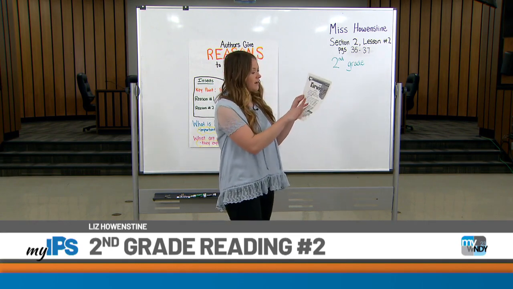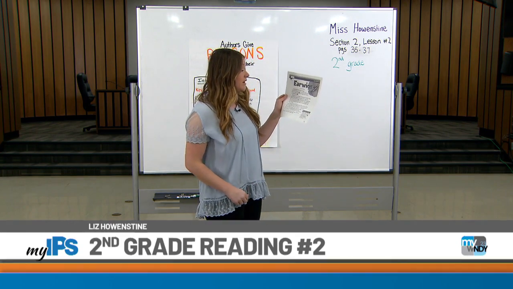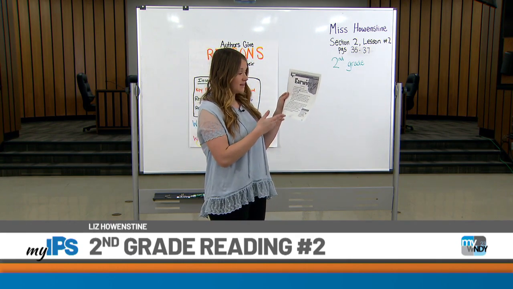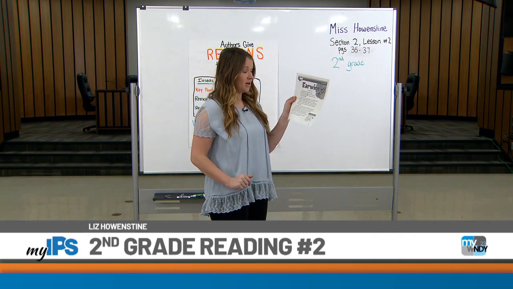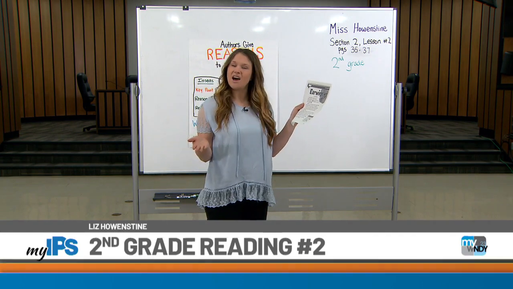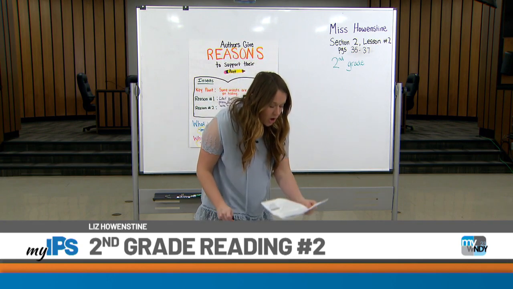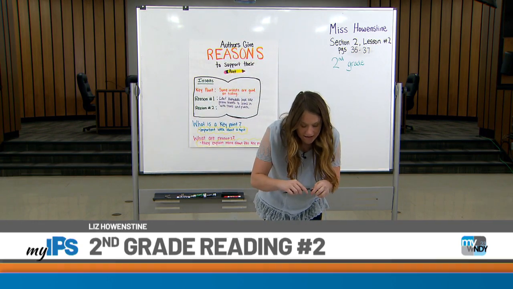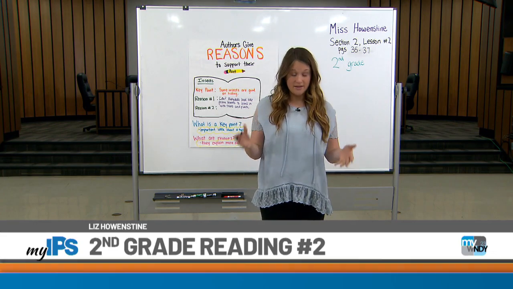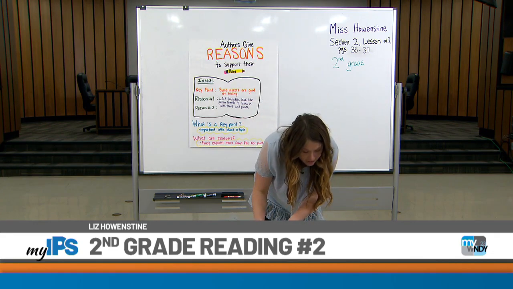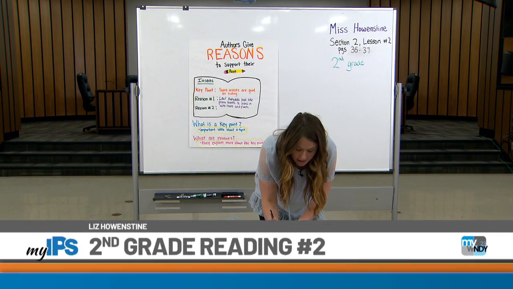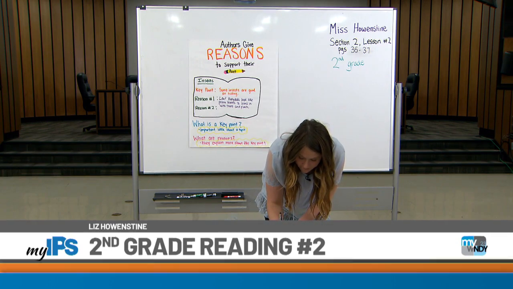So we just read in paragraph 2 a really good reason why earwigs are not as bad as they think. They support our key point. So one of the reasons is that earwigs make very good mothers.